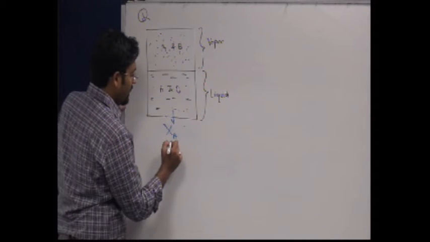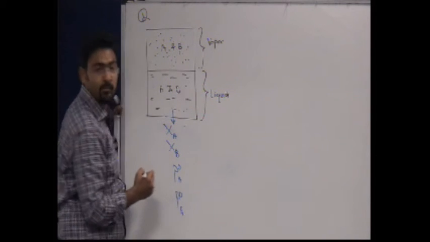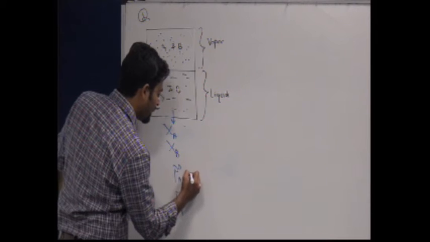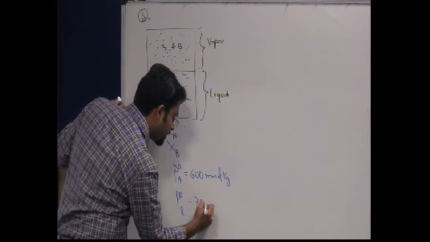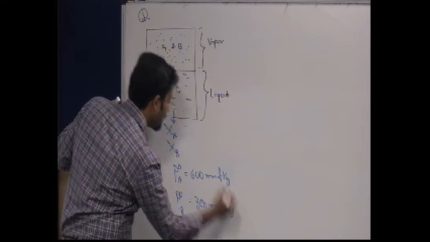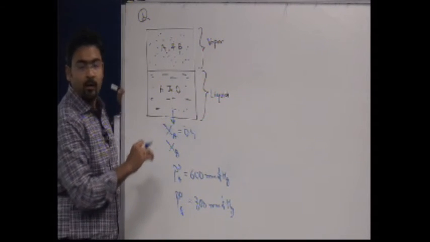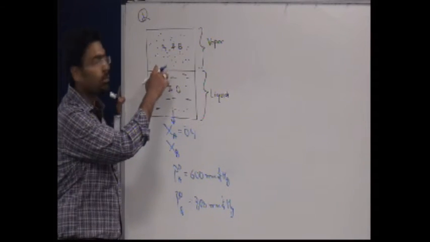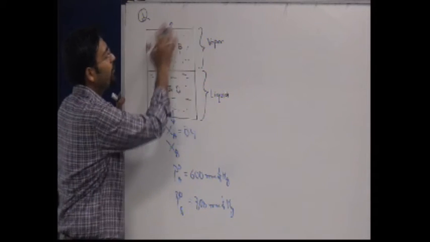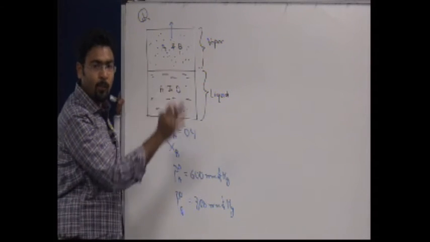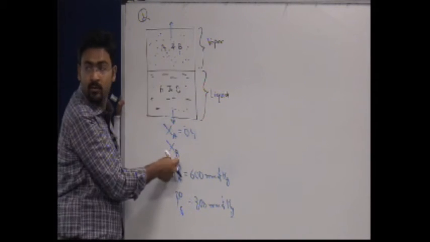Right. And you also know the vapor pressure of pure A and pure B. For example, this value is 600 millimeter of mercury, and this is, for example, 300 millimeter of mercury. And this is, for example, 0.4. Right. This is not given. Now, when the two liquids form vapor, you'll have a mixture of A and B up here. In this mixture of vapors of A and B, the composition, which means the mole fractions of A and B, may not be the same as that of the liquid phase.